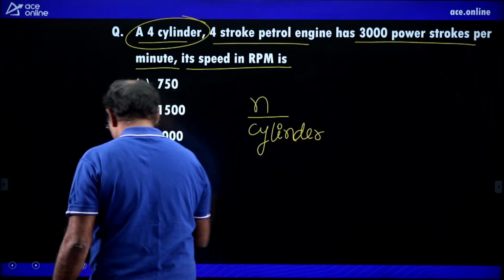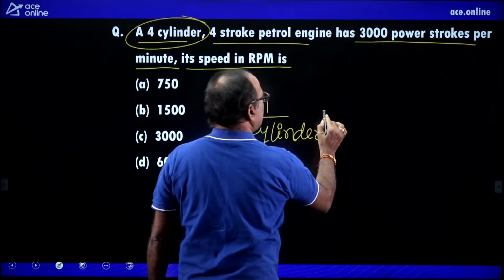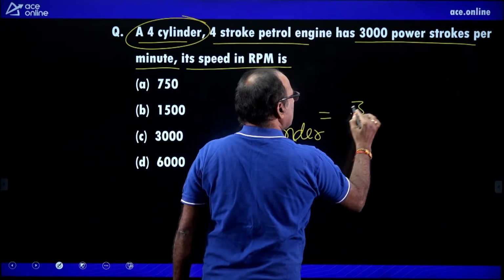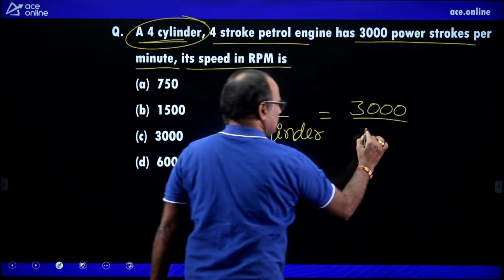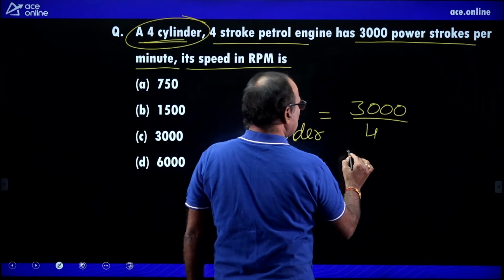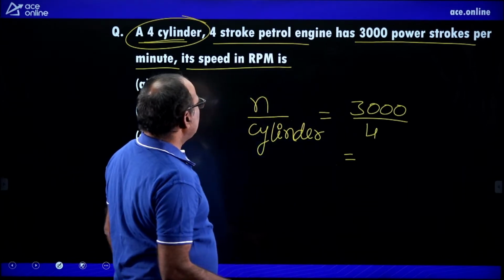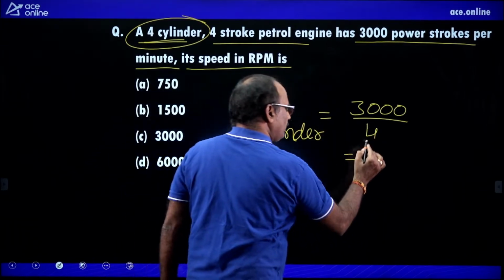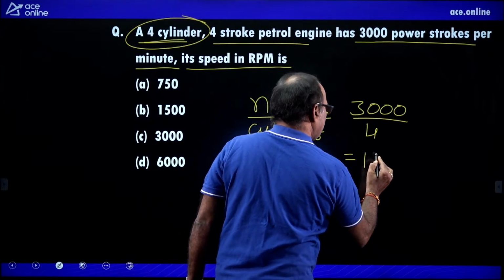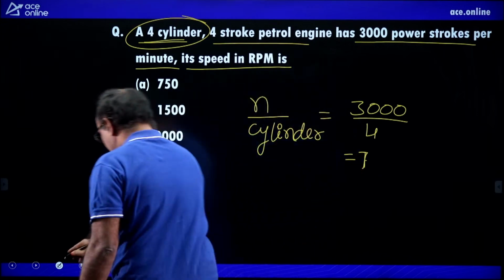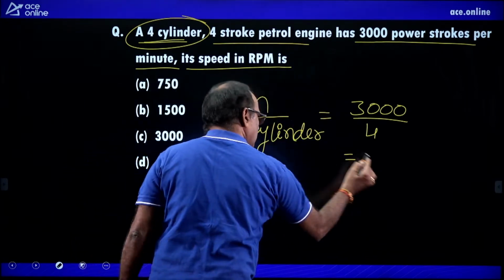Should be very careful. Number of power strokes per cylinder is equal to total number of power strokes divided by number of cylinders. 3,000 divided by 4 is 750, in 1 minute. You should be very careful.